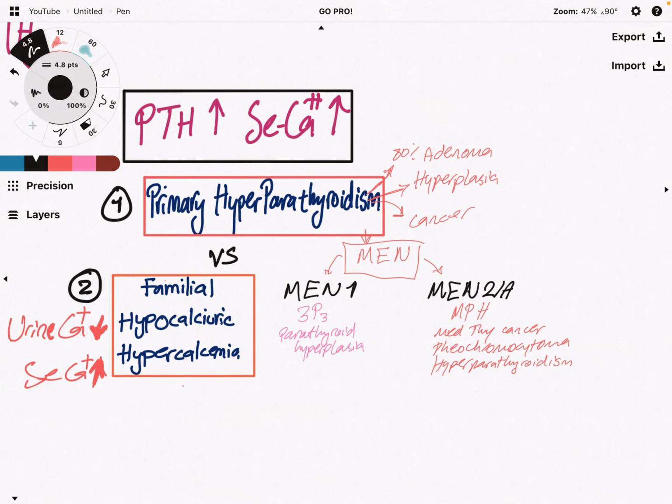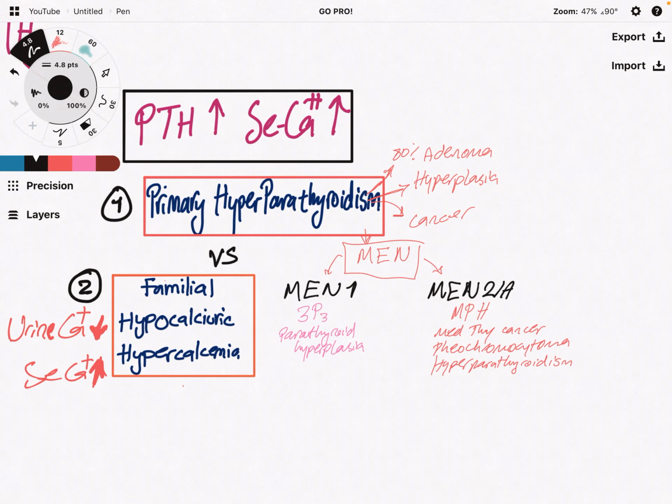Now, primary hyperparathyroidism means that we have a parathyroid gland that is hyperactive. Although we have a very high serum calcium, it is still not suppressing the parathyroid hormone, which means that the negative feedback is not working because there's a problem with the parathyroid gland. But the problem is not in the receptor.